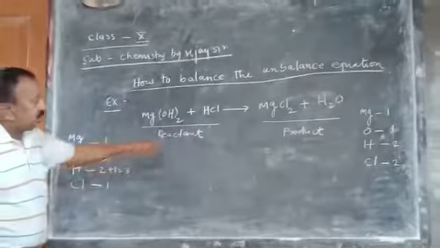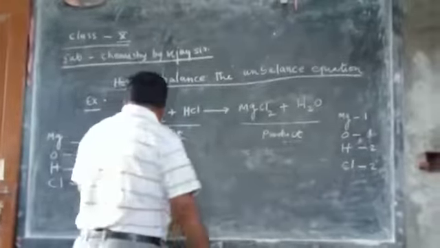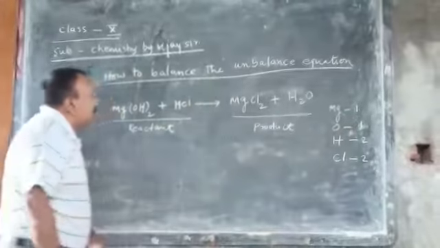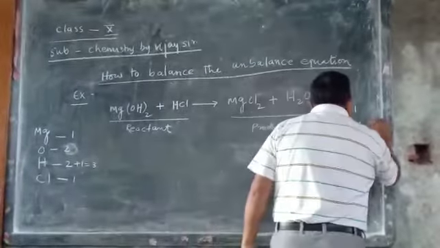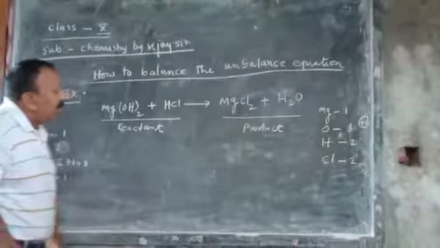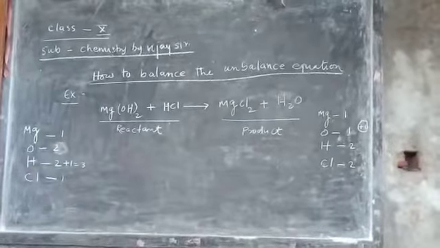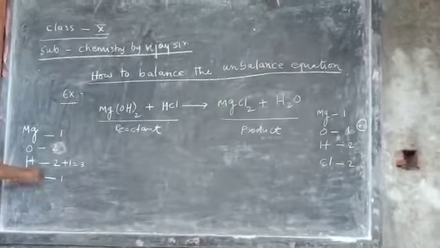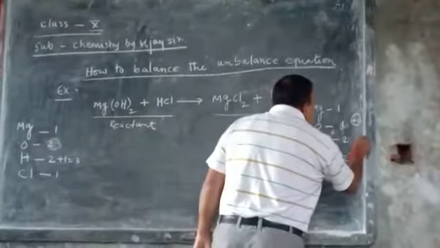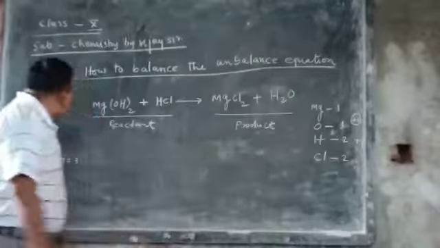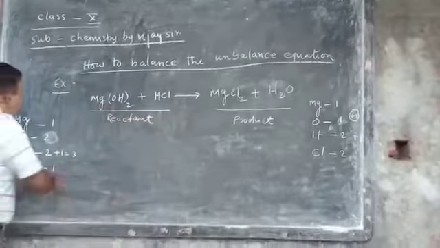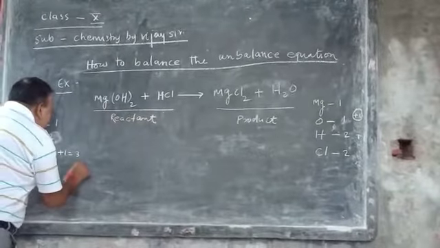Oxygen is 2 in the reactant, oxygen is 1 in the product. That means 1 oxygen is less in the product, so we add 1 oxygen. Hydrogen is 3 and hydrogen is 2. That means 1 hydrogen is added in the product. Chlorine is 1 and chlorine is 2. That means 1 chlorine is added in the reactant.